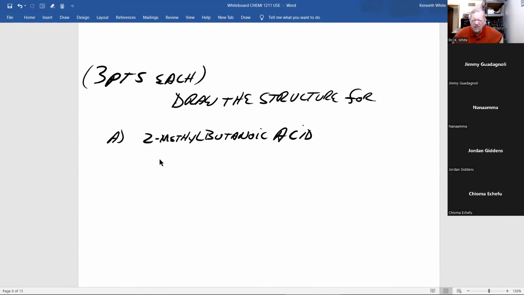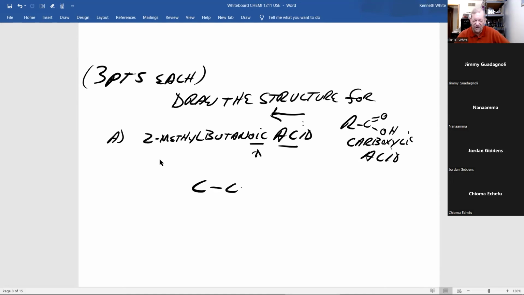I'll do one, and you know I'm going to share. How do we decode this? Secret words to know what to write. You start from the right and go left. OIC and the word acid, that's a carboxylic acid. And if this were an E, butane, is 4 carbons.